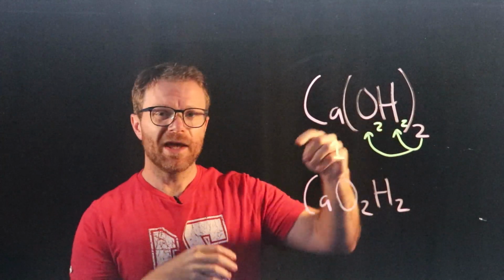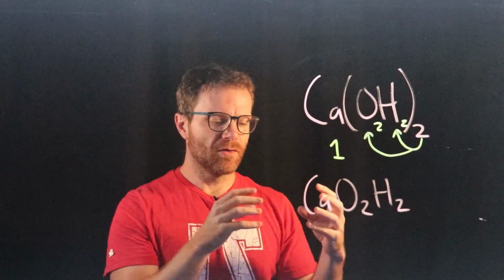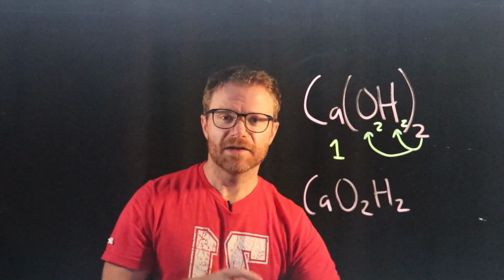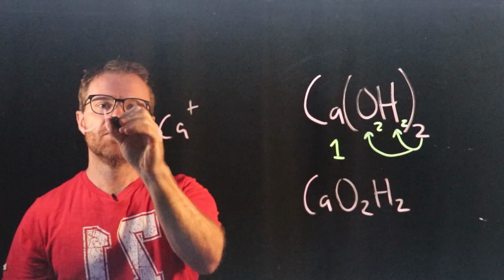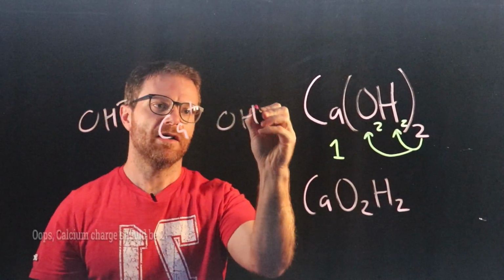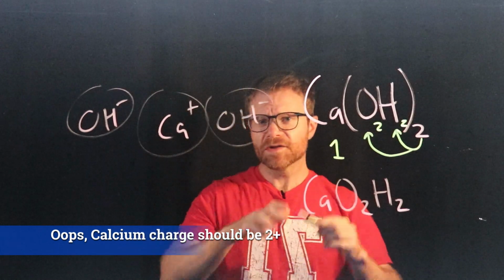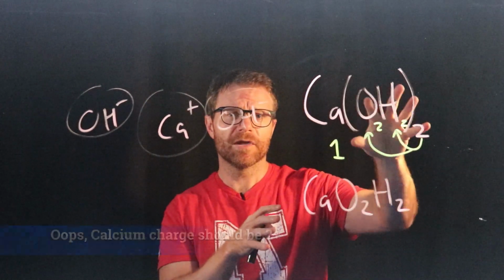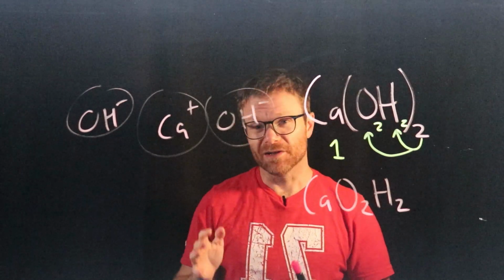And that is this OH is stuck together. It's a polyatomic ion. And so what this actually looks like, if you looked at it, would be a calcium ion with 2 OH ions bonded to it, kind of like this. And so this is a good example of the chemical formula telling us a little bit of what the structure of the molecule actually looks like.